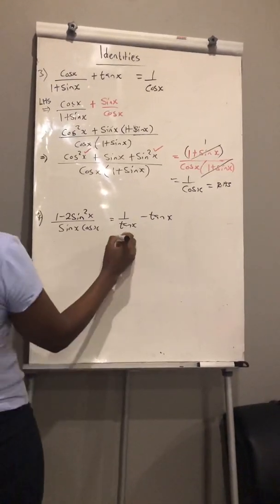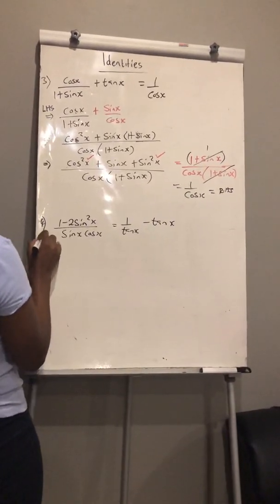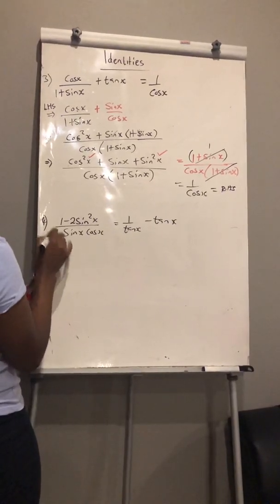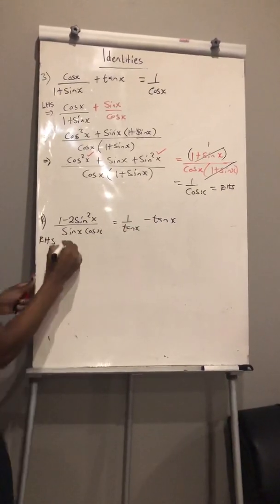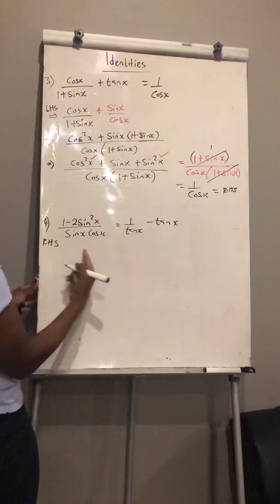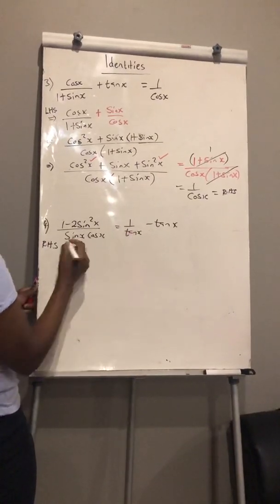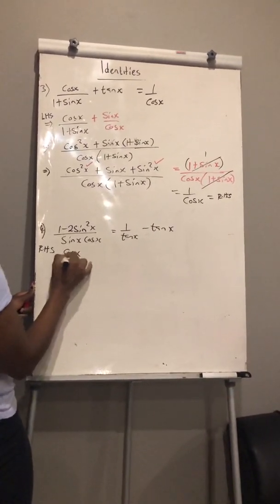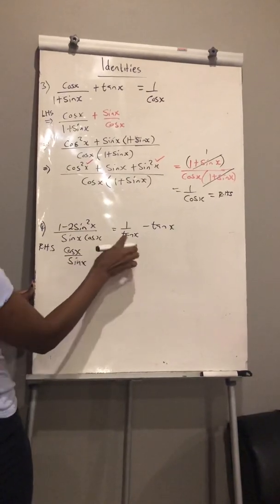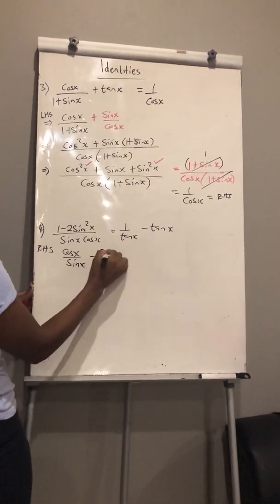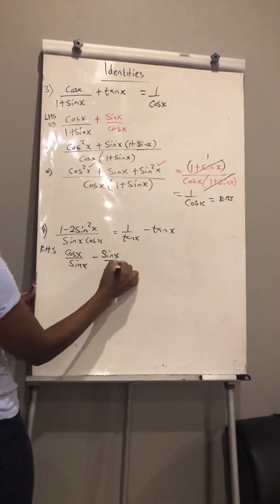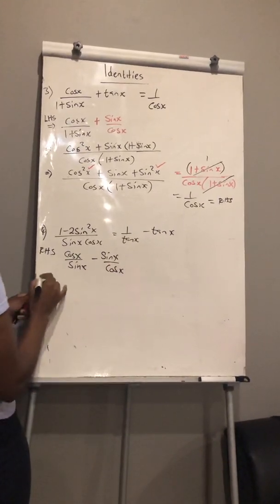This one, we said, so I'm going to start with the right hand side this time. So the right hand side, from what we said, you can copy it first, and after you copy it, then you change it to cos x over sine x like we agreed, and that one is already sine x over cos x. So that is what we have.